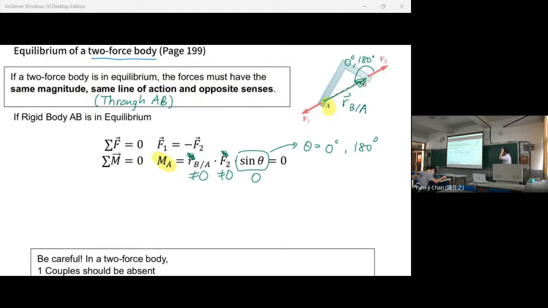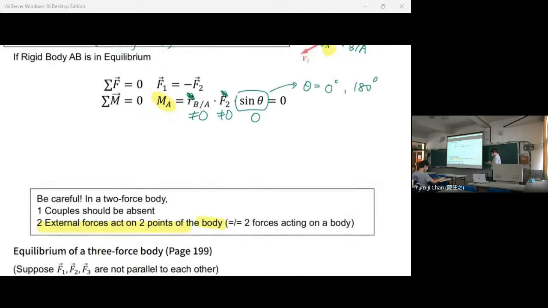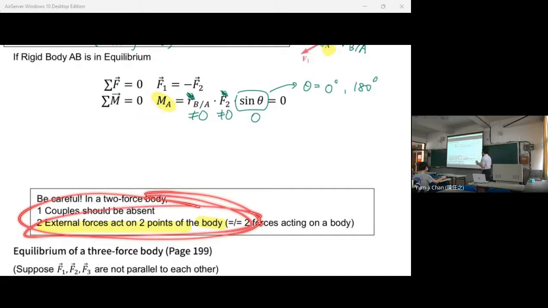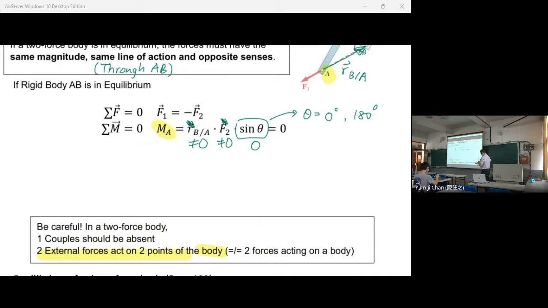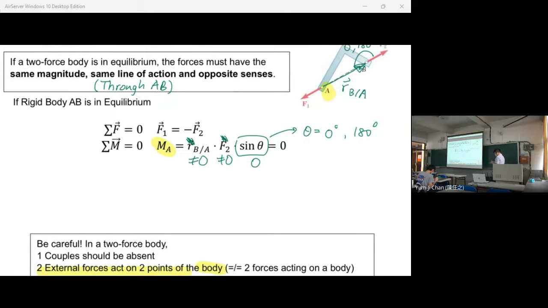Is that okay? If all the external forces act on 2 points of the body, then these forces have this specialty. And remember, in a two-force body, there should not be any couples.